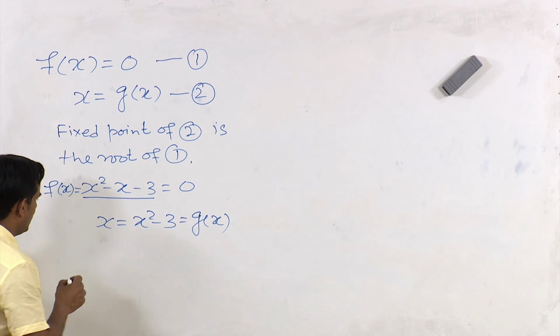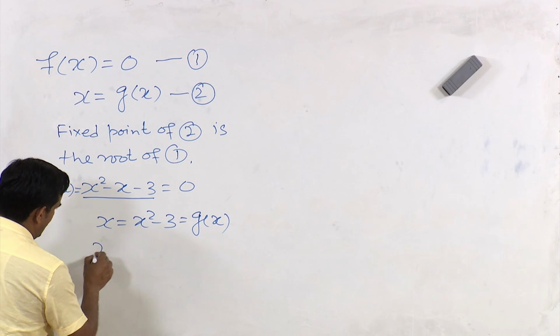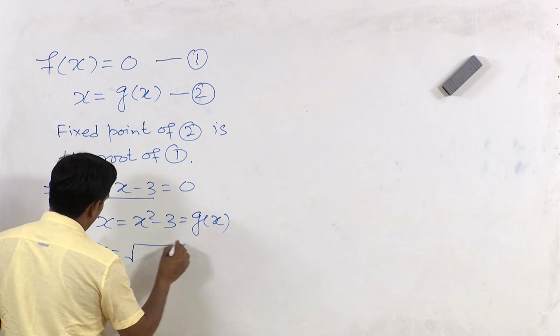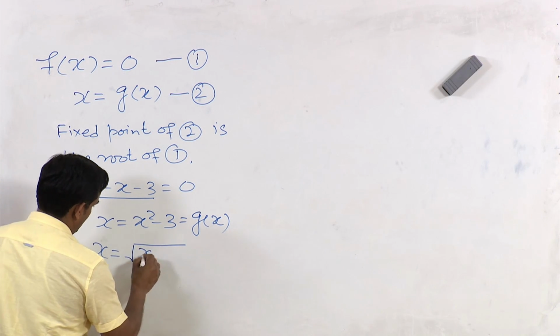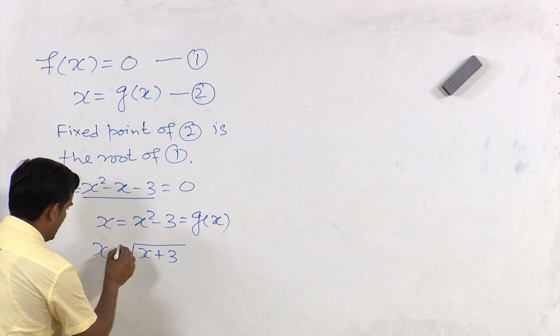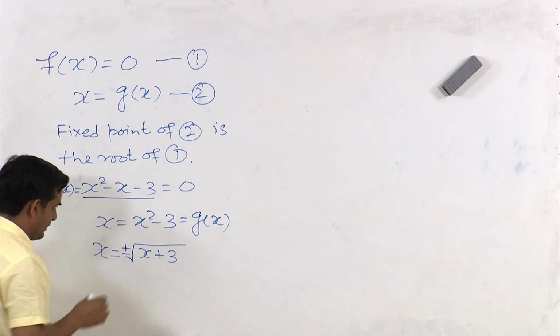Another way of writing it is x = ± square root of (x + 3).